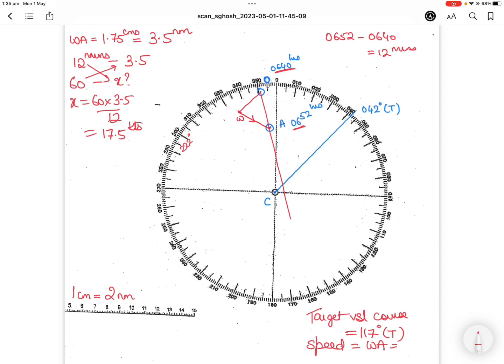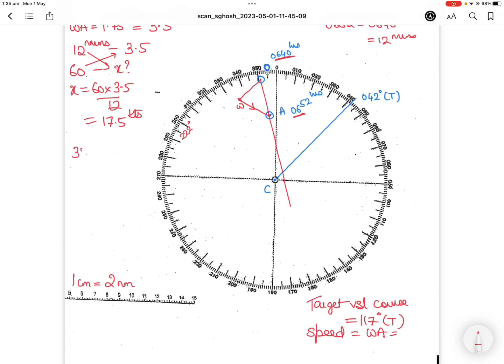All right, so remember we've got two pieces of information already. Another piece of information that you can draw is the final bearing of the target, which was 355, that you know already. The first bearing was 351 and the next bearing was 355 degrees true. So 351 is what you got at 0640 and 355 is what you got at 0652.